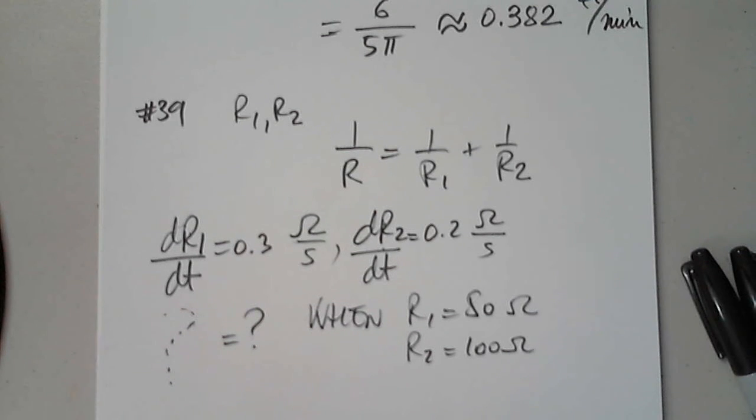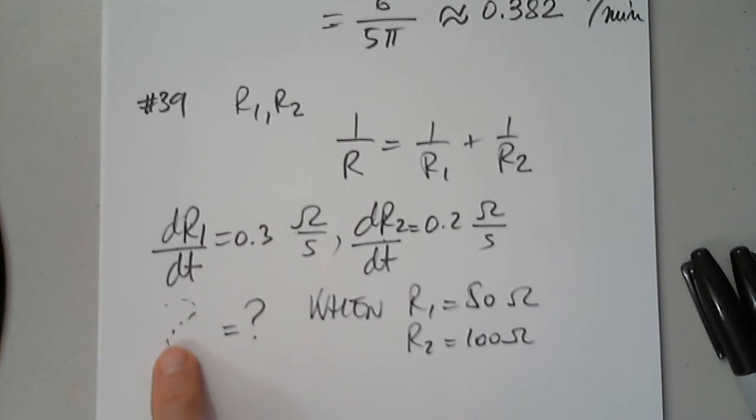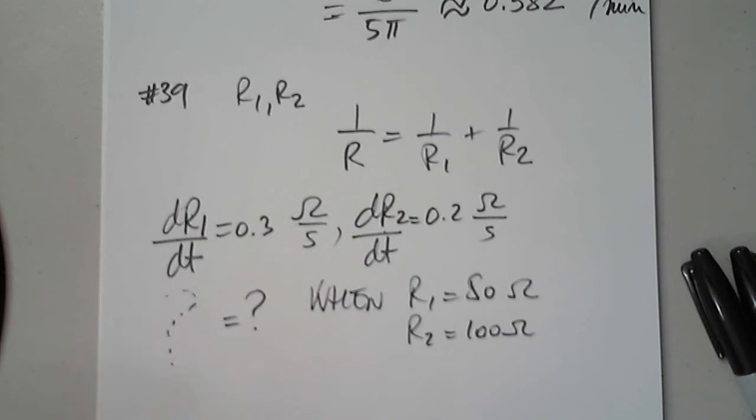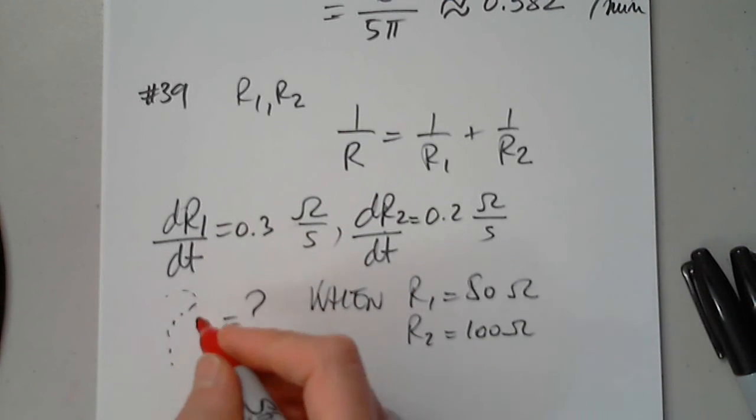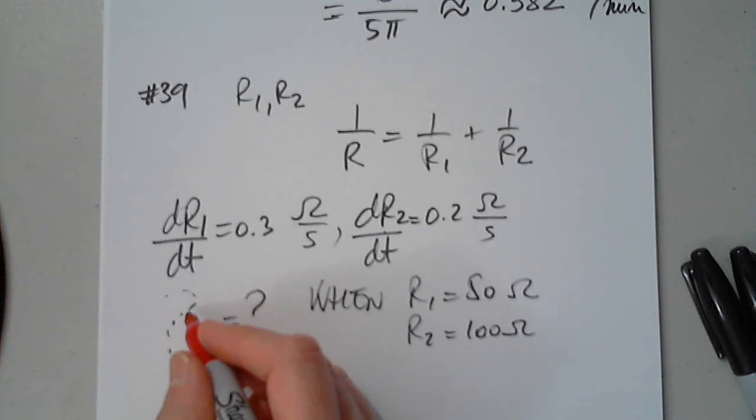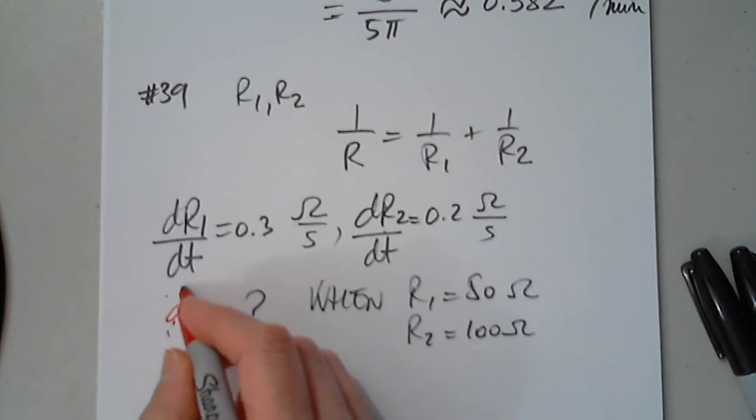R? So, how fast is R changing? How do I write it? dR over dt.